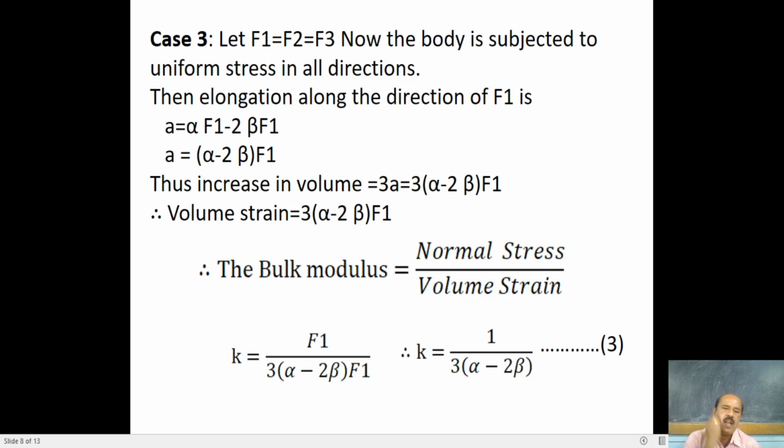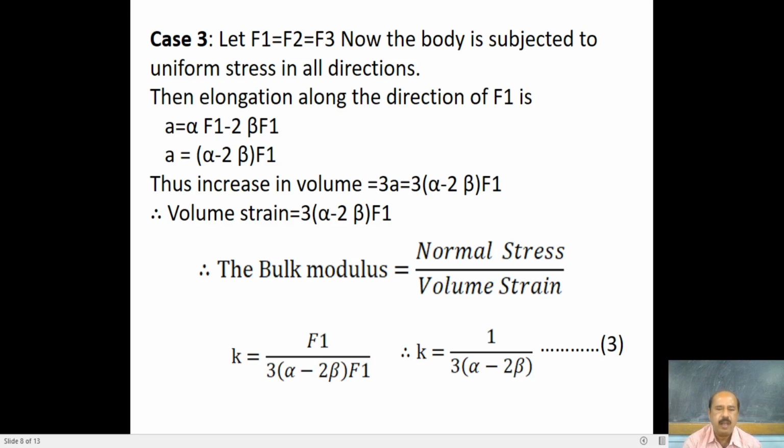Case number 3. Let F1 equals F2 equals F3. That means all three forces acting on the faces of the cube are equal, so the body is subjected to uniform stress in all directions. Then the elongation along the direction of F1, A, is equal to alpha into F1 minus 2 beta into F1.